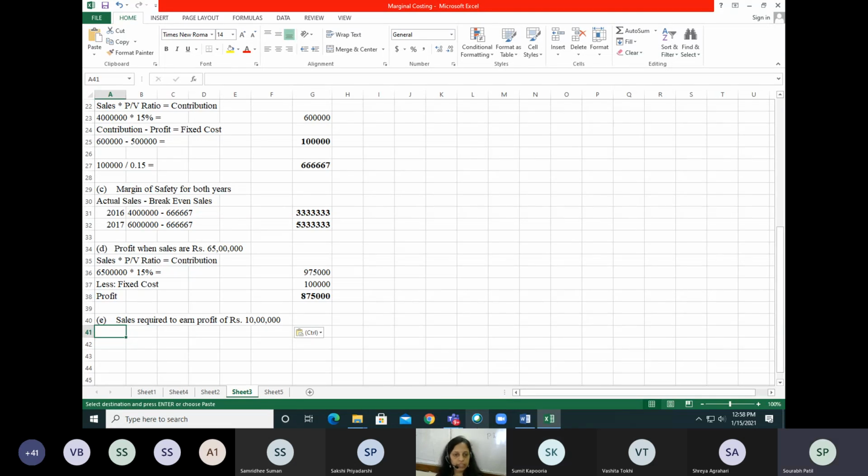Sales required, so use the formula: required sales is equal to desired profit plus fixed cost upon PV ratio.